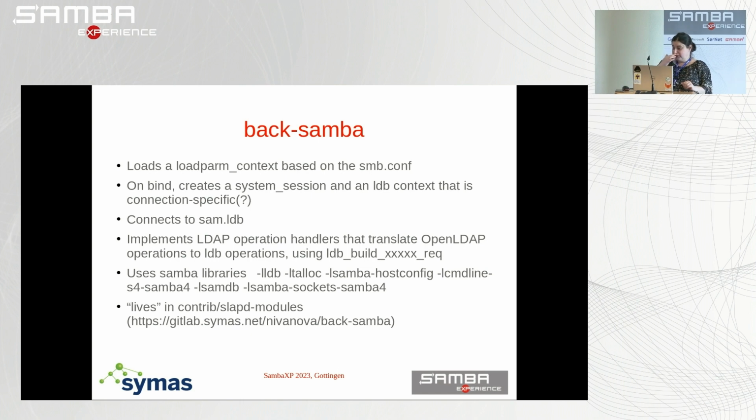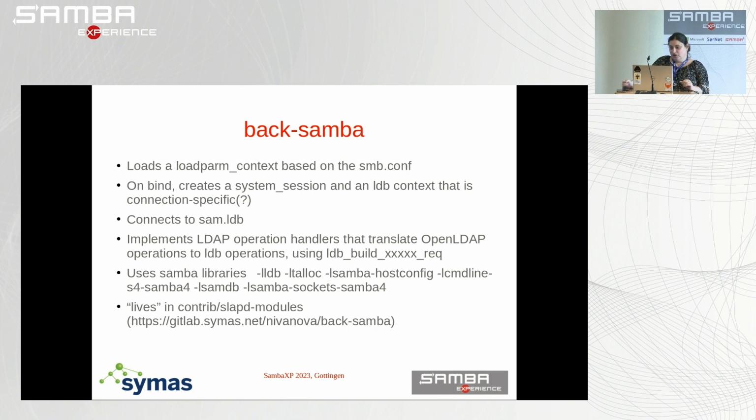So what do we have now? Oh, I actually have a lot of time. What we have now is this OpenLDAP backend that's called back-samba. And currently on init, it loads a loadparm context based on the smb.conf that's been created when you provision Samba. It creates a system session because we haven't handled authentication yet, so for now everything is system, but we'll think about it later.